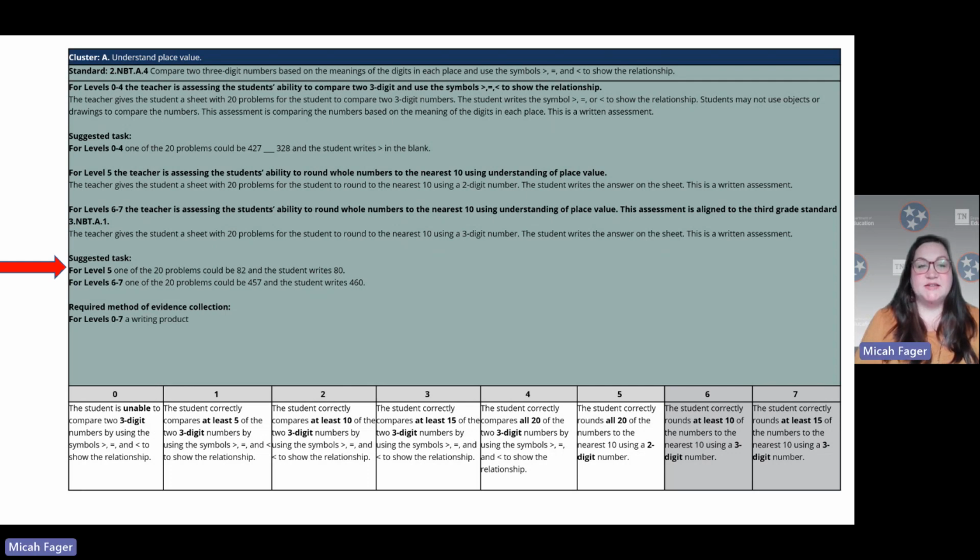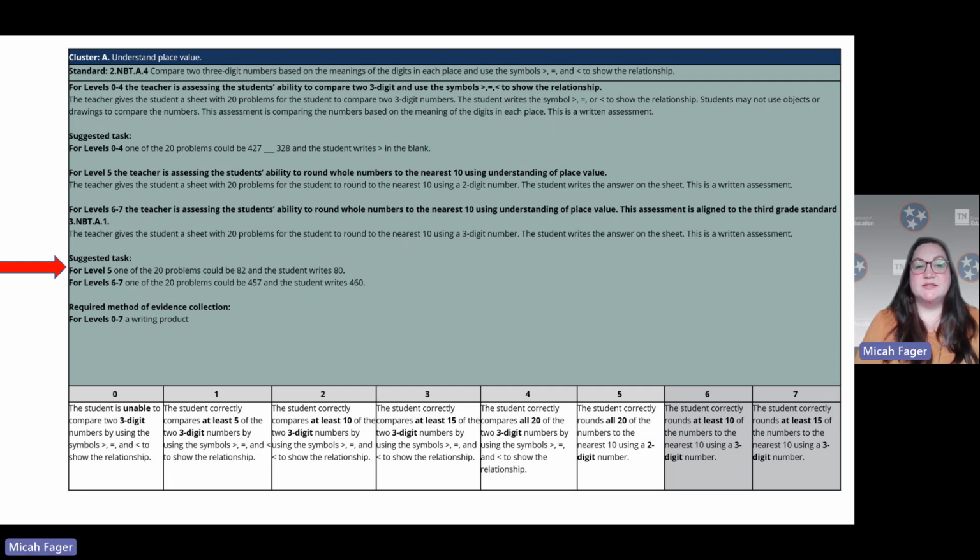Under the suggested task for level 5, one of the 20 problems printed on the paper could be 82. The student would round 82 to the nearest 10, and the student would write 80.